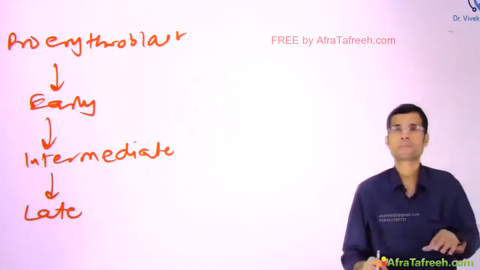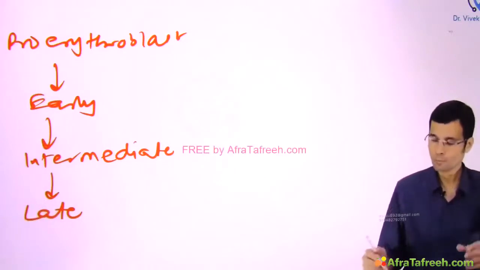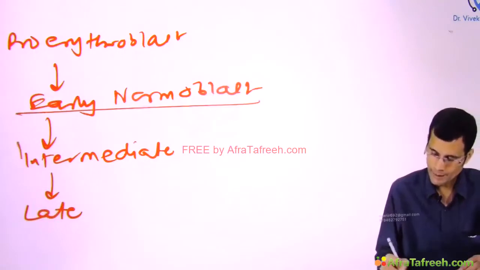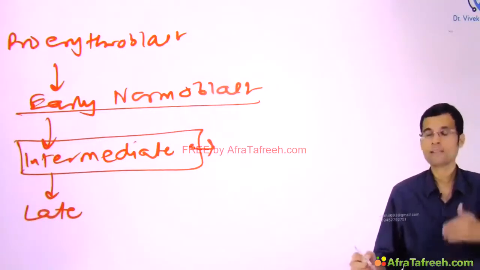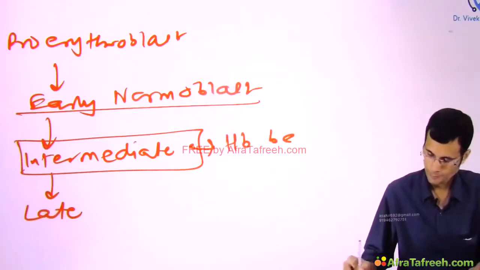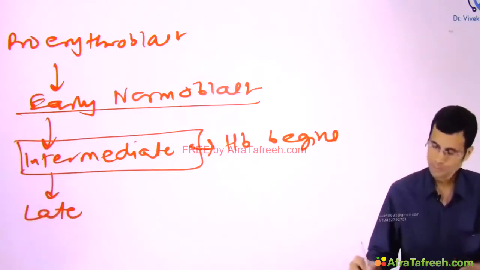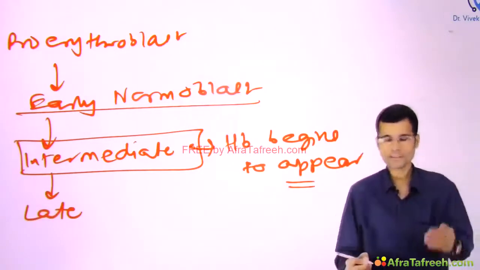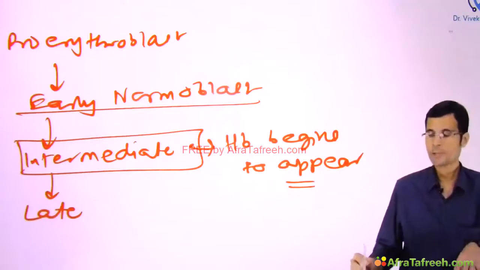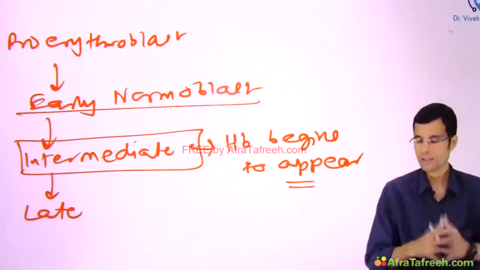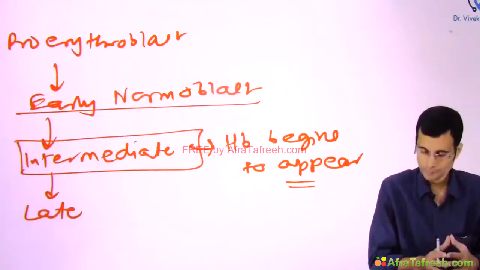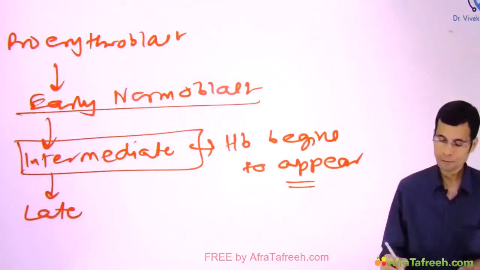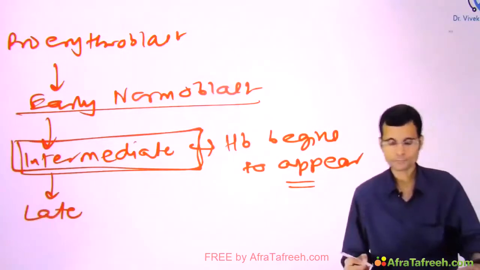Hemoglobin synthesis actually begins in the early normoblast stage, but it is the intermediate normoblast stage where hemoglobin begins to appear in substantial amounts. So, hemoglobin synthesis just starts in the early normoblast stage, but hemoglobin begins to appear in the intermediate normoblast stage. As its quantity increases and it begins to appear, that would be the stage of intermediate normoblast.